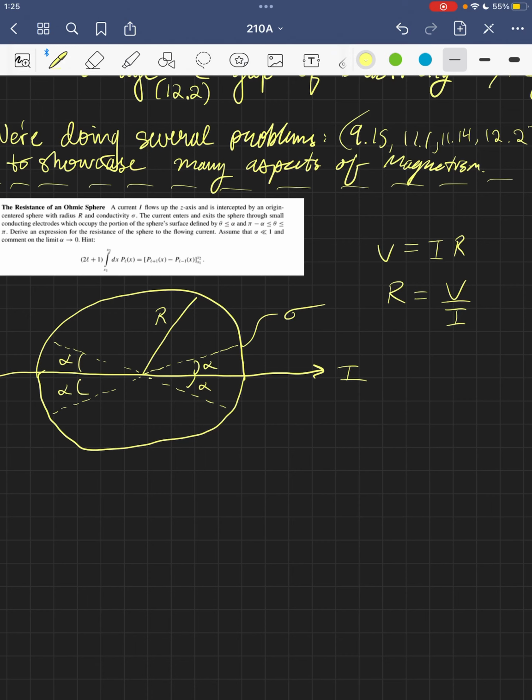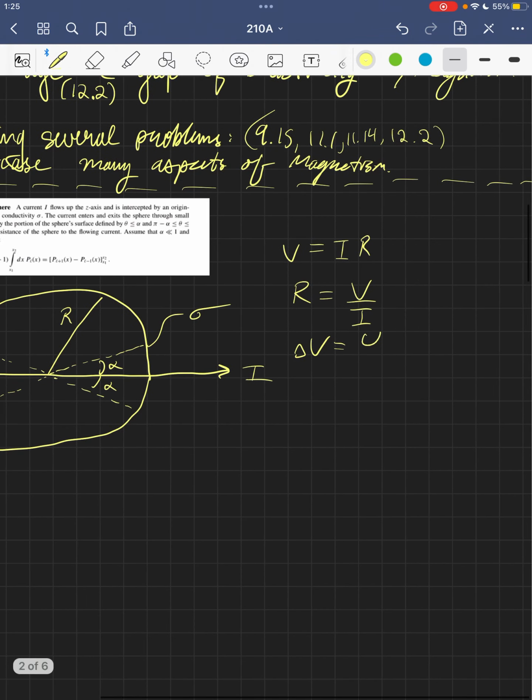Now to do this, well, really it's delta V. We're going to find the potential at the location R, where theta is equal to pi, and we're going to subtract from that the potential at R, where theta is equal to 0. Okay, and that's going to give us our potential difference.